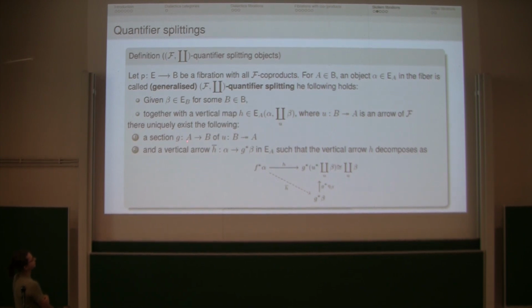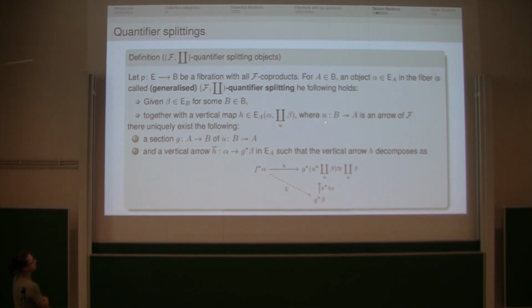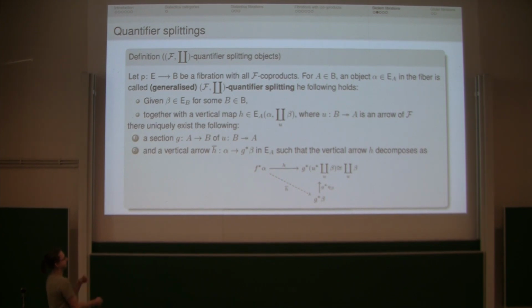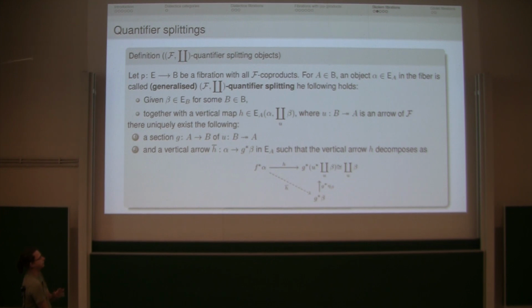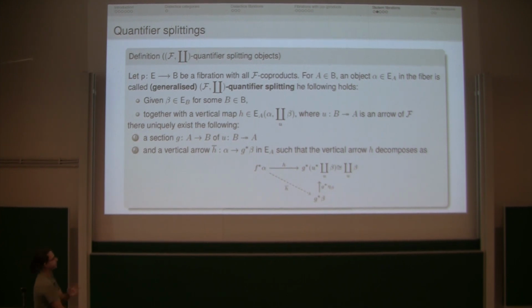First of all, a section g of this arrow in the base, so that's like extracting this witness, and also a vertical arrow, which is like this implication, which fits into this square here. Analyzing this has to do with how those maps relate to each other using the structure of the fibration.